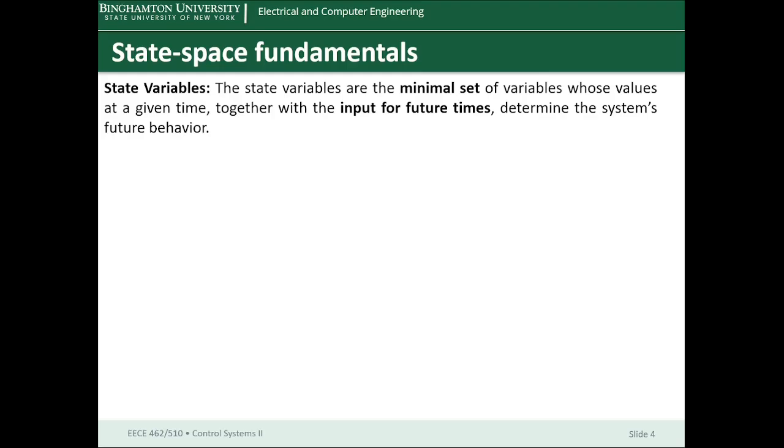Yes, you can describe your system with many variables, but the state variables are the minimum set we need to define the whole behavior of the system. When we discuss the realization of the system, we will talk about this minimal set more.